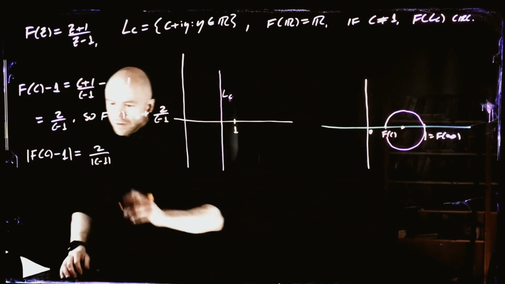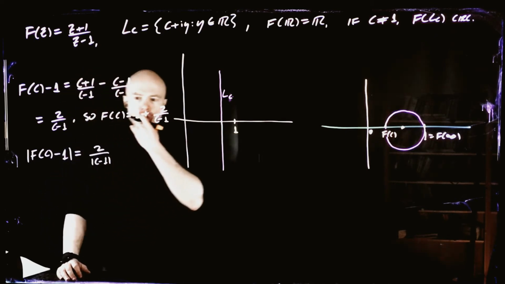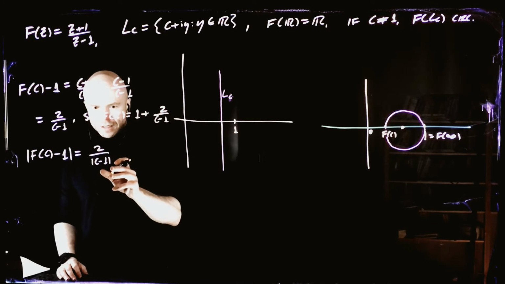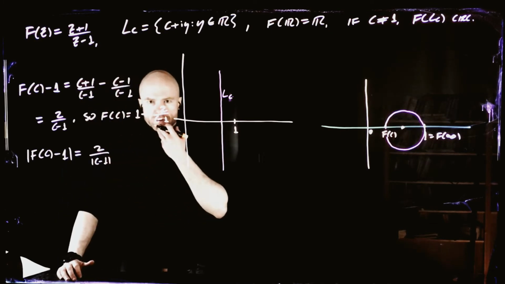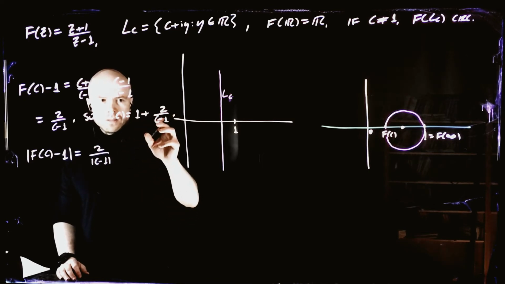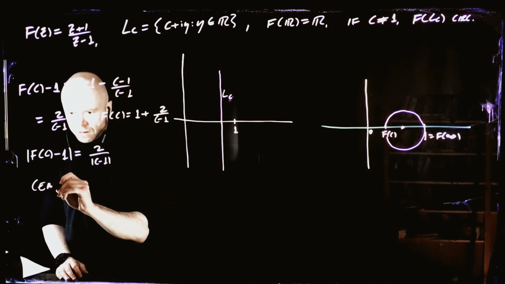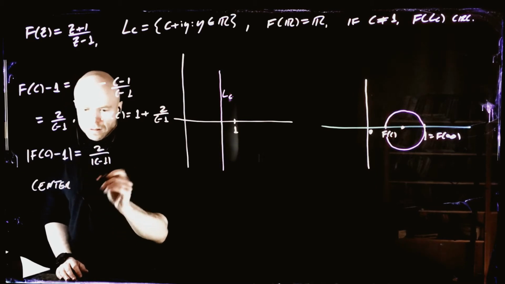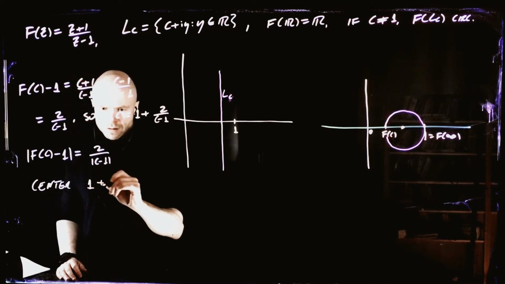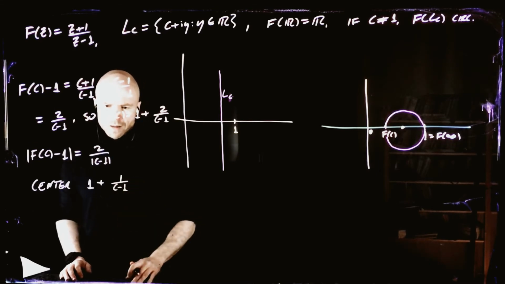And the sign is actually encoded in the expression itself, right? So if C is less than 1, then we're on the left-hand side, and this is properly negative. So the center will be 1 plus 1 over C minus 1.